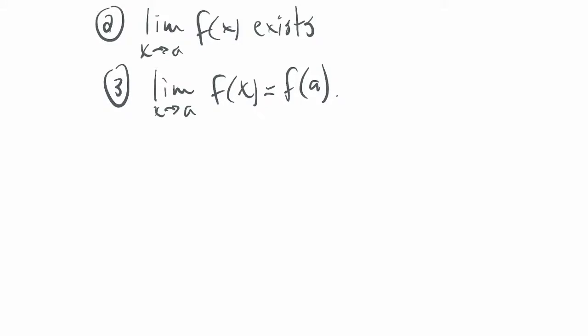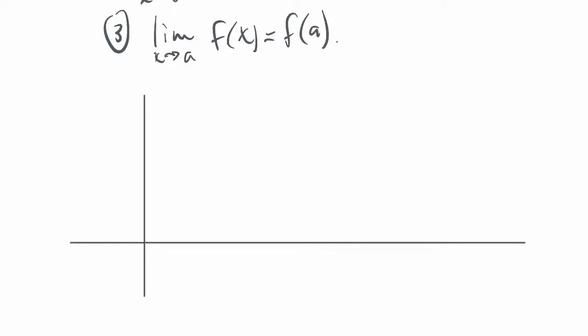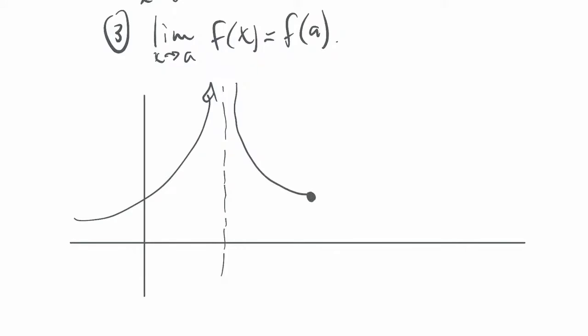So let's say I had a graph like this. Let's say I have an asymptote. Got something like this, something like that. And let's say something like that. That probably captures several of the different types of discontinuities.